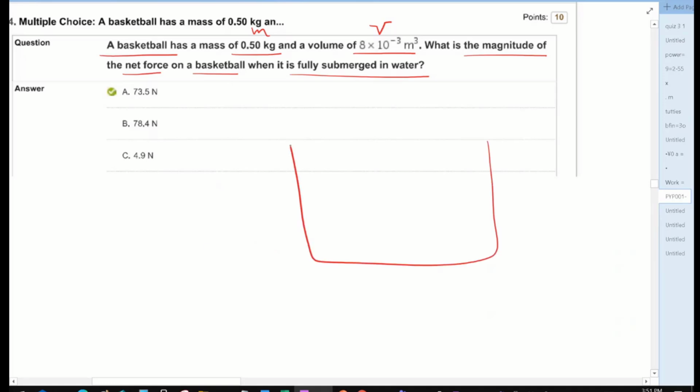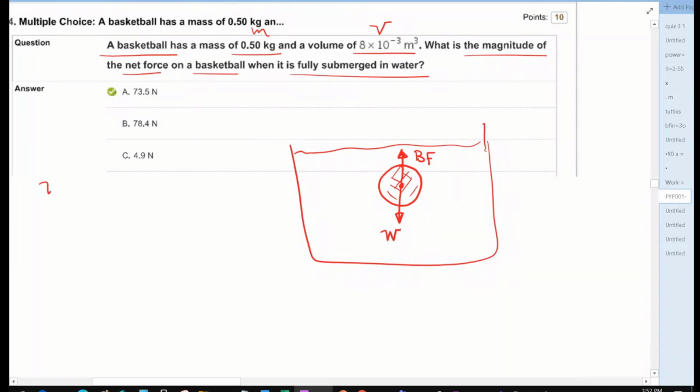So I have a ball that I will submerge in water. What's the force on the ball now? I have the weight downward and I have what? Buoyant force upward.